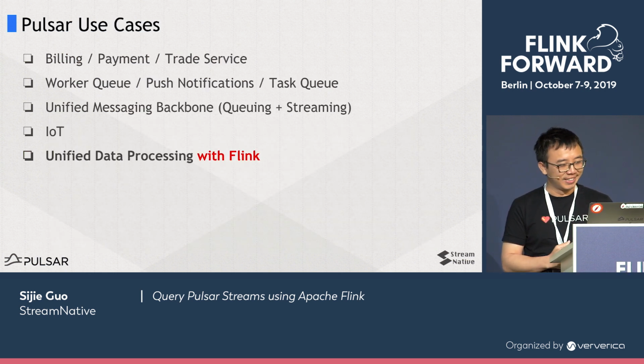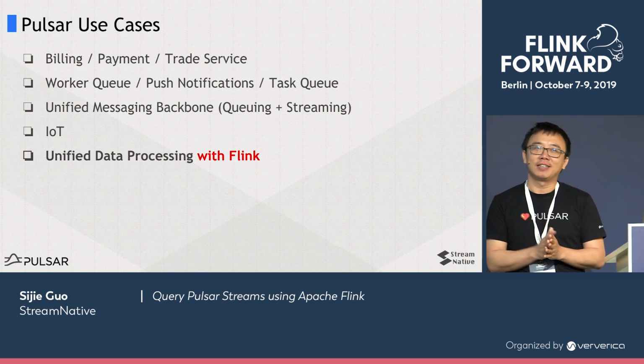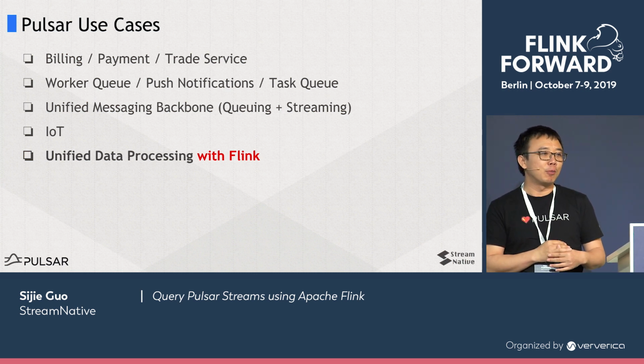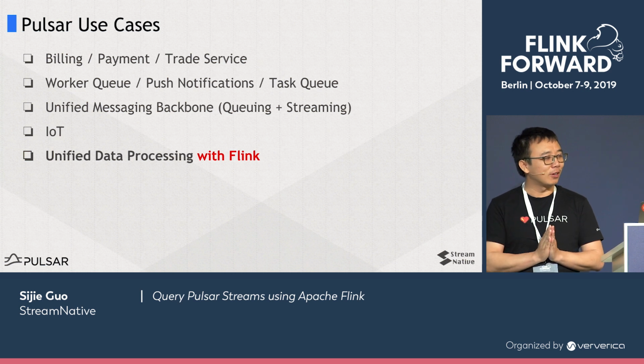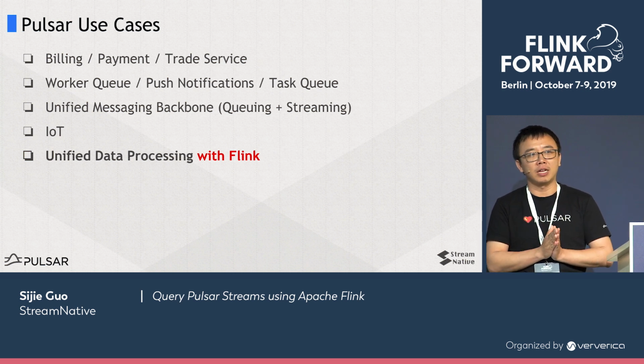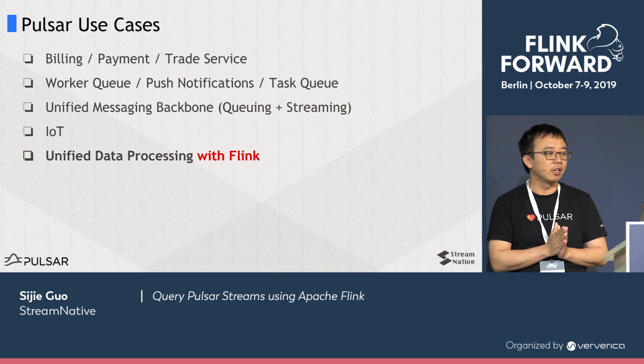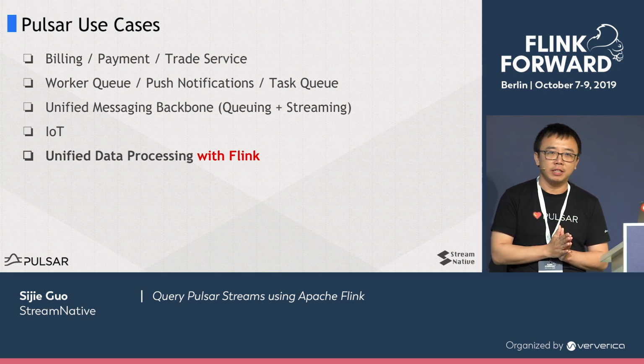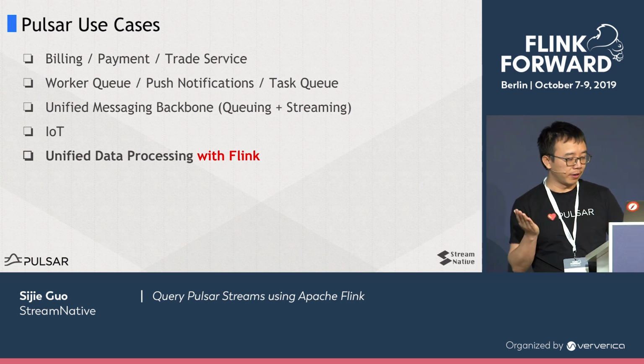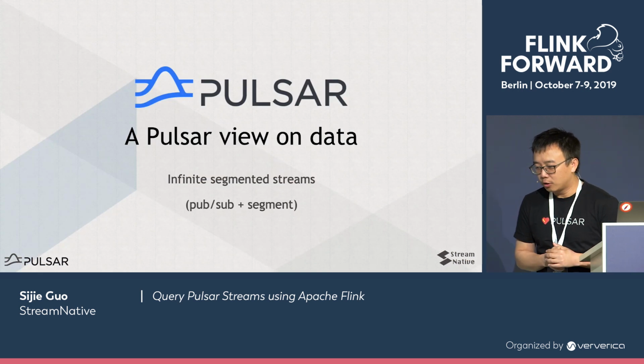Sorry about talking a bit more about Pulsar, but the main talk is about one of the core use cases that we are exploring with Pulsar and Flink, which is to achieve a unified data processing stack with Flink.